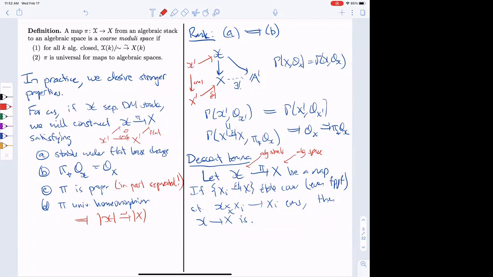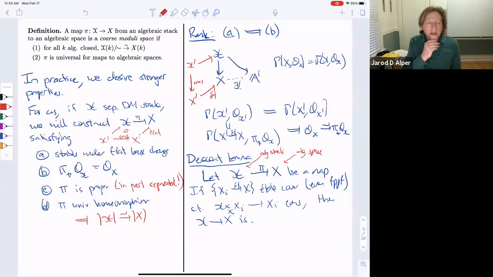Are there situations where Artin stacks or algebraic stacks have coarse moduli spaces? Yeah, that's a good question. For instance, you could view the Picard stack, the stack parameterizing line bundles on a given projective variety, where you include the data of the automorphisms.